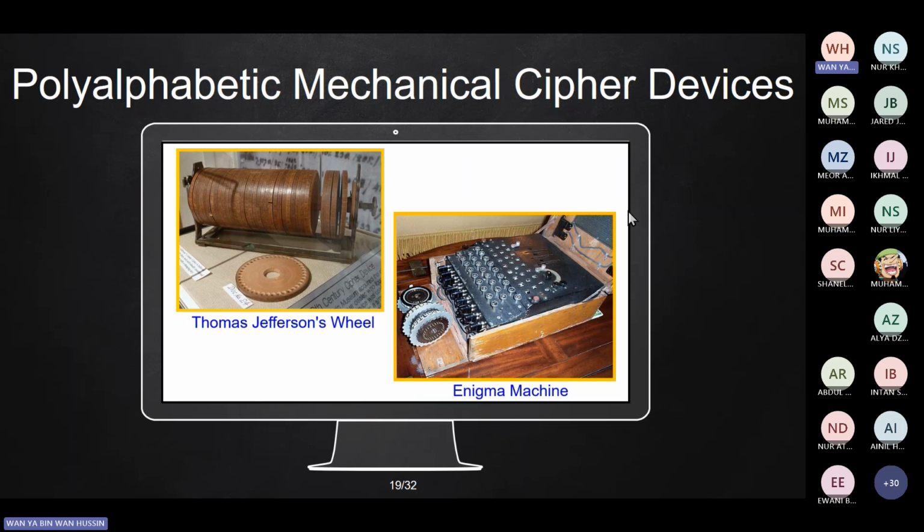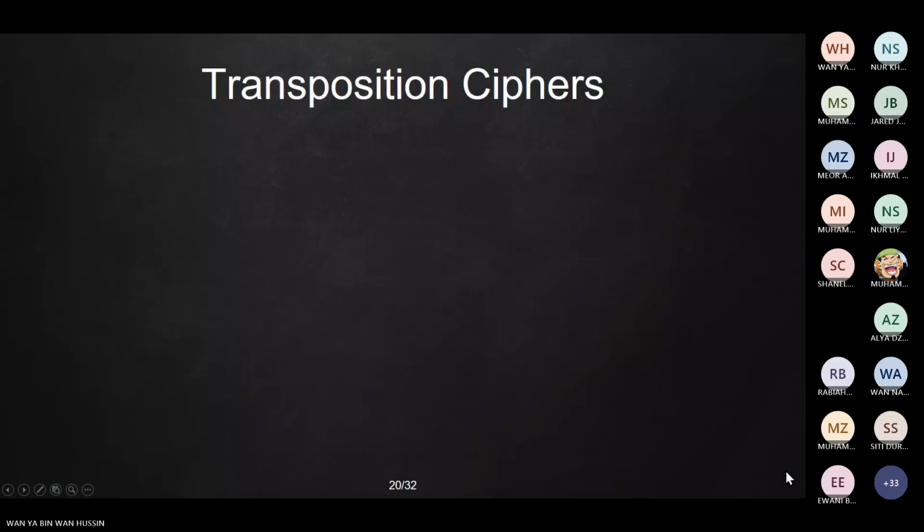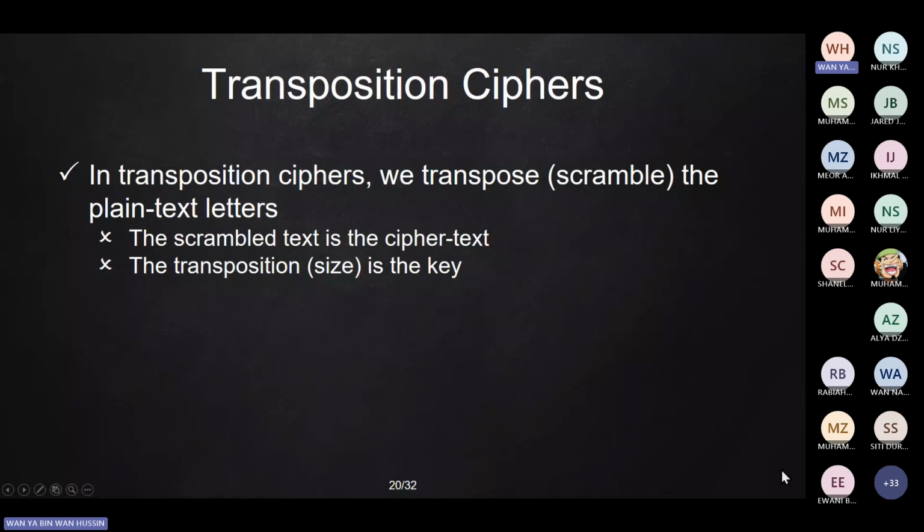All right, that is substitution cipher, right? And then we will continue with transposition cipher. In a transposition cipher, the letters or alphabet in plain text will not be replaced, but the position of that alphabet will be changed. The rule of the changes is the key.